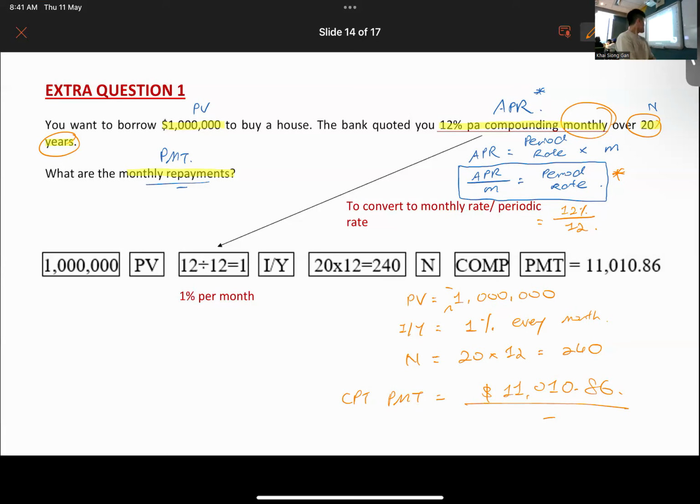Below the PV is I/Y, the interest rate. This should be easy. Yes, 12% divided by 12.